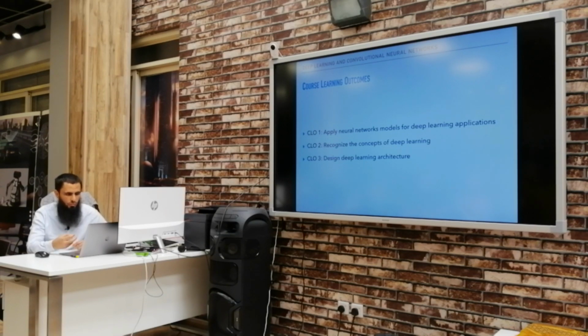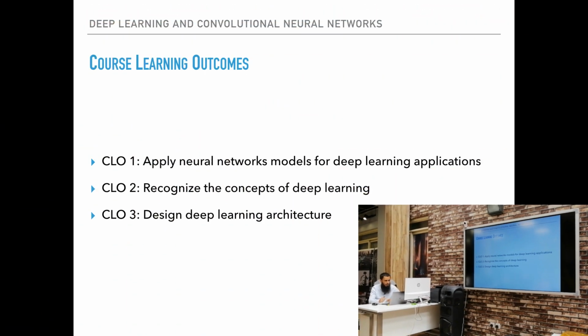So at the end of the course, you will be able to know which neural network will be suitable for which kind of application. The second outcome is to recognize the concepts of deep learning. There are so many concepts related also to machine learning. We are going to introduce these concepts step by step. And the third CLO is to design deep learning architectures as well.